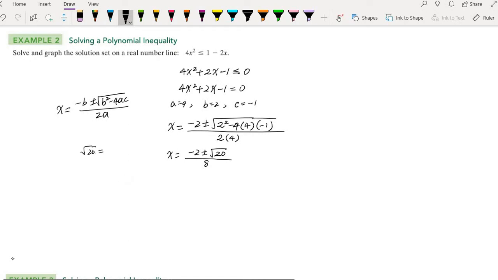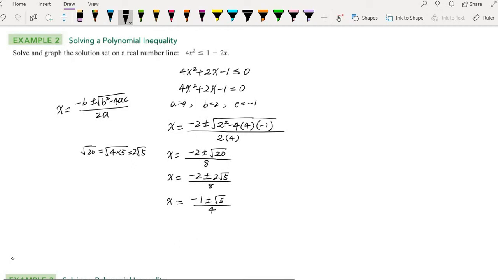We can simplify this, it's actually 4 times 5, so we can simplify this as 2 square root of 5. That will be negative 2 plus or minus 2 square root of 5, over 8. And because we have negative 2, 2, and 8, I can simplify this as x equals negative 1 plus or minus square root of 5, over 4.